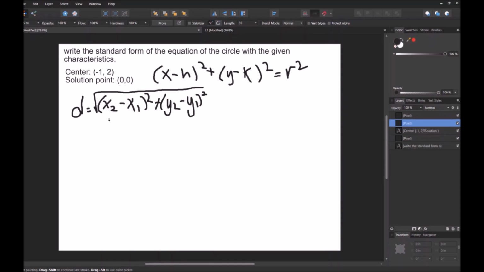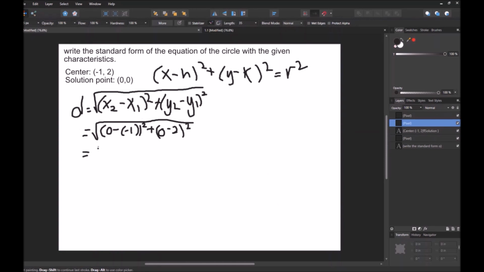So we're going to do x2, which we'll say in this case is 0, minus x1, which is -1. So we have 0 minus a -1, and that's going to be squared, plus y2, which is 0, minus 2, and that's going to be squared.